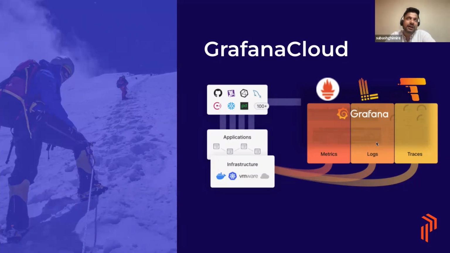In this webinar, we are talking about the metrics sessions, which is done by Prometheus. The other tools are also open source systems that can be hosted on Grafana, but we will not be covering them in this webinar. We'll be working on Prometheus and how Prometheus works with Grafana Cloud or Grafana.